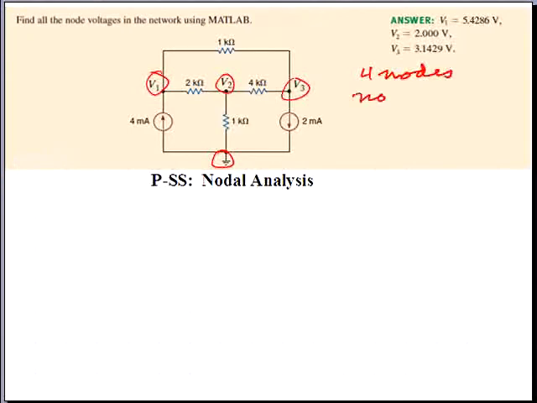There are no voltage sources. So the number of node voltage equations necessary will be 4 minus 1 for the reference, which is equal to 3. So we'll have to come up with 3 node voltage equations in order to solve for these 3 voltages.